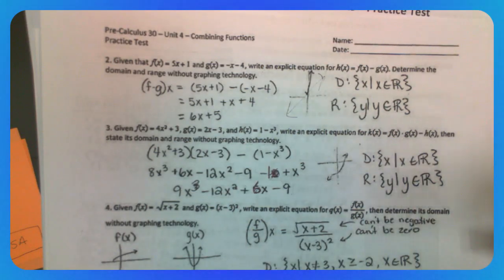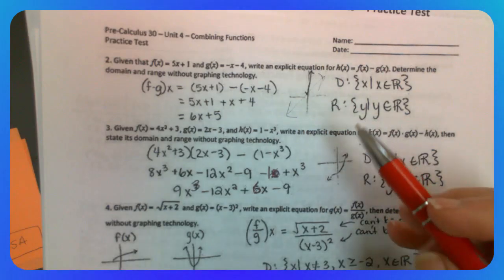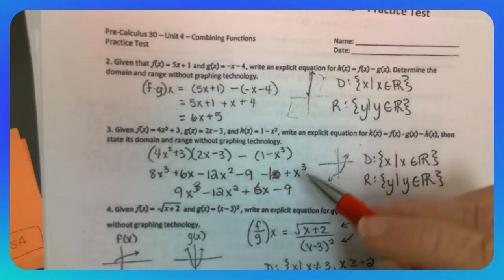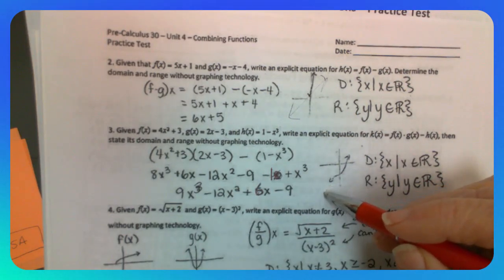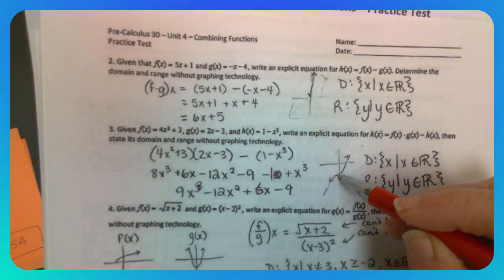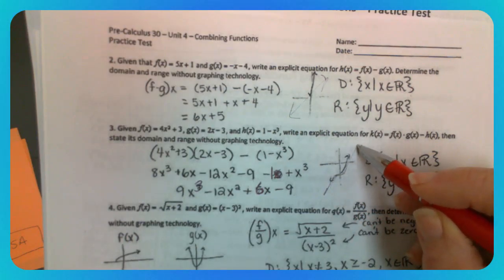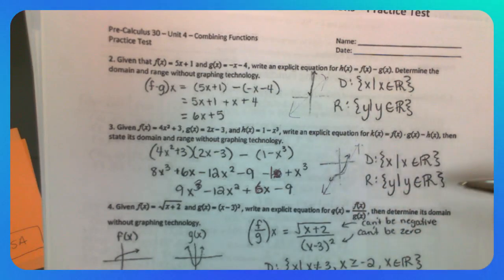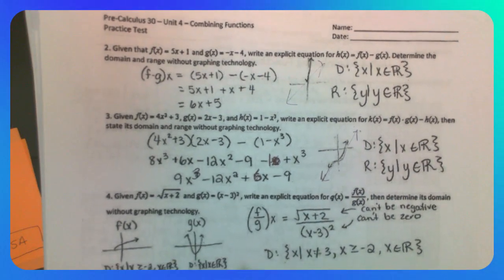It would start somewhere. It would either go up or down, depending on the graph, whether you have a negative in front or a positive. But this is a cubic, so when it's positive, it starts in the third quadrant, and then it goes up. The end behavior is down in the third quadrant, up in the first quadrant. So that's the set of all real numbers for cubic.